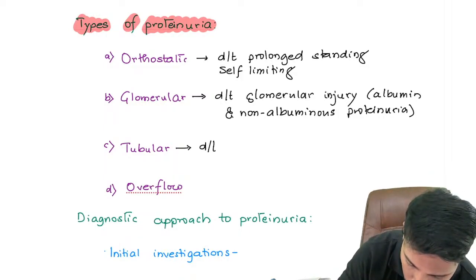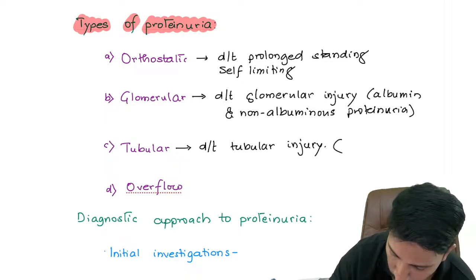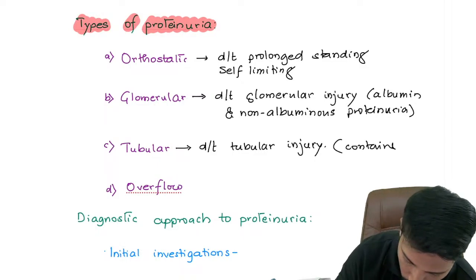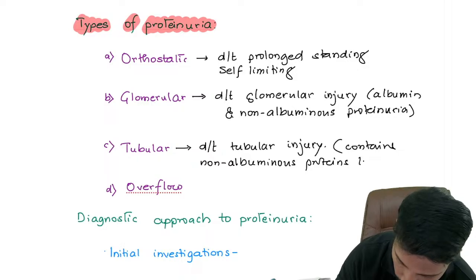So this tubular proteinuria is due to tubular injury, and it mainly contains non-albuminous proteins like Tamm-Horsfall protein.